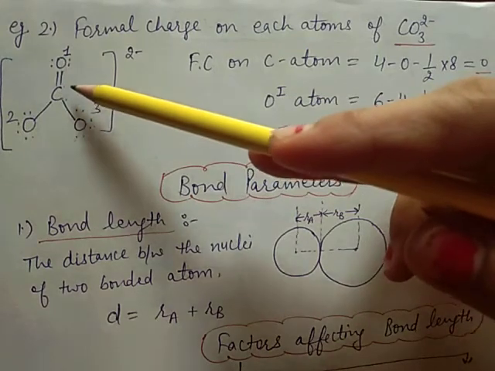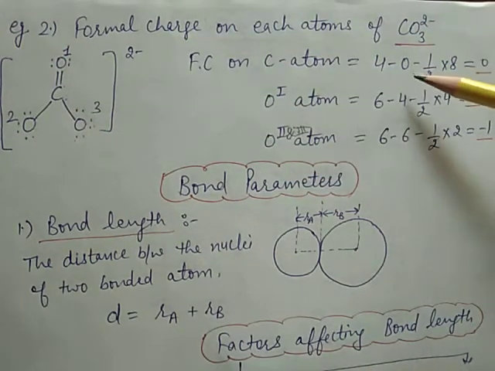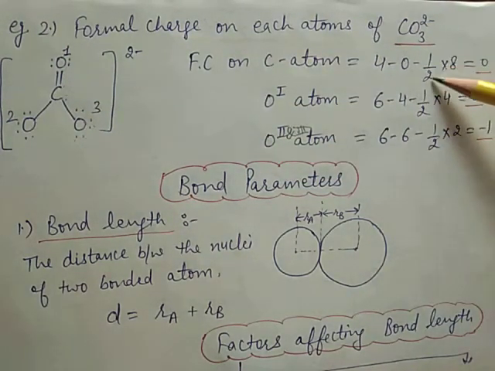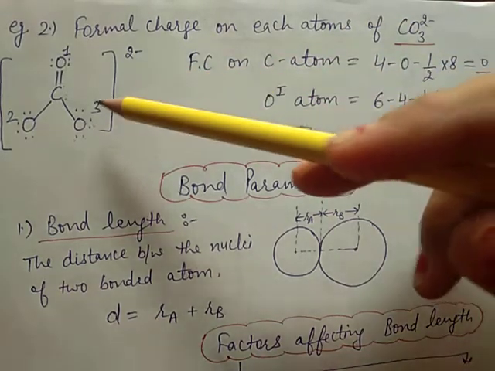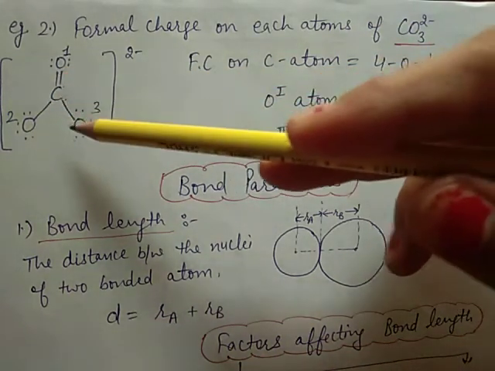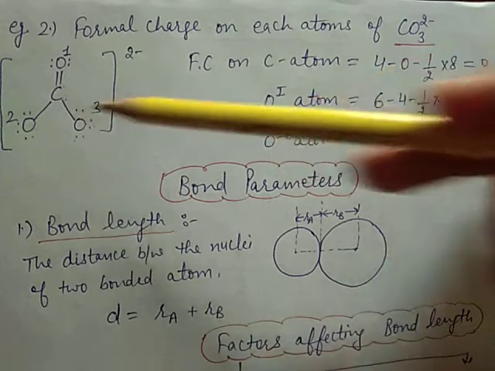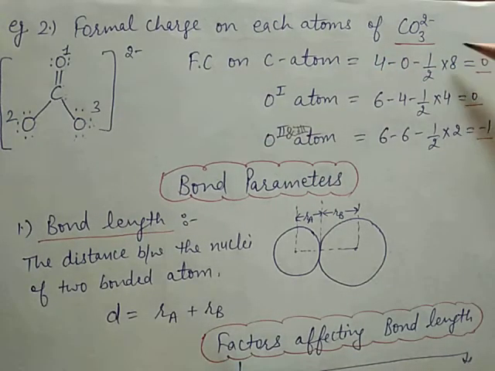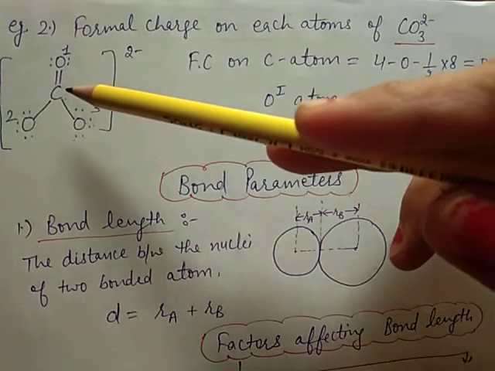There is no lone pair on the carbon atom, so it is 0. Minus half into the bonding electrons: 4 bonds are present, so bonding electrons are 8, and half of 8 is 4. 4 minus 4 is equal to 0. So carbon has 0 charge, no charge.